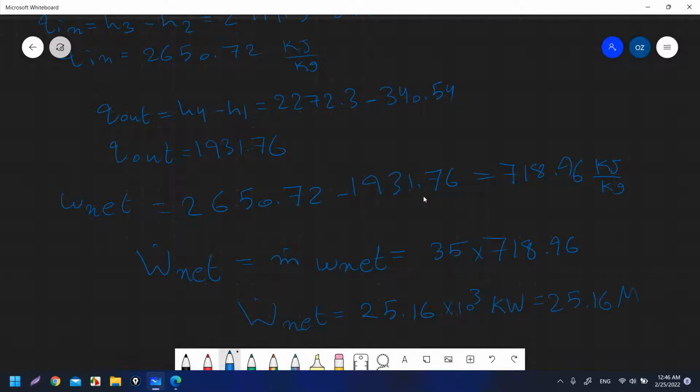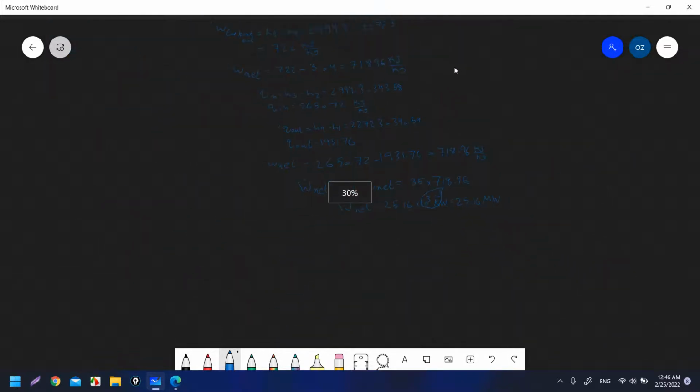If he asks you in the question to write it in megawatt, because sometimes he asks not as you want, this is 10 power 3 and this is 10 power 3, so together they are mega. So I will remove the 10 power 3 and the k and get 25.16 megawatt. Okay, that is for this question.